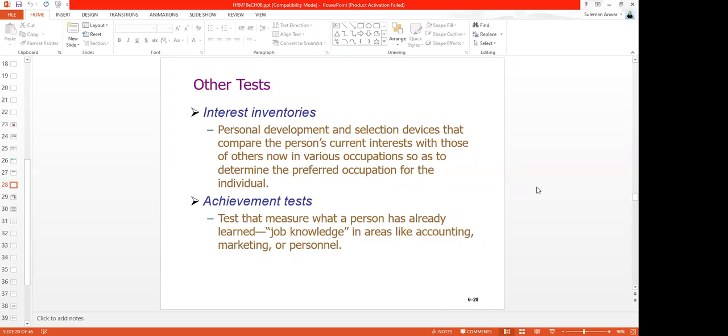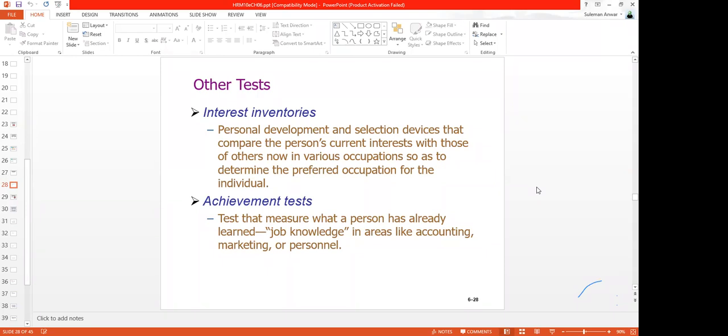And we compare those current interests and professional career aspirations with those of others now in various occupations, and we see how much uniformity of interests is present between the different jobs, so as to determine the preferred occupation for the individual, so that we can counsel a person on what particular job is more suitable when the individual has certain types of hobbies, interests and preferences.